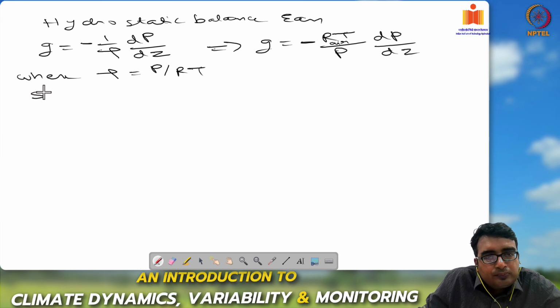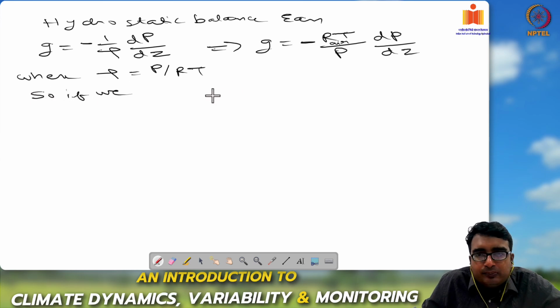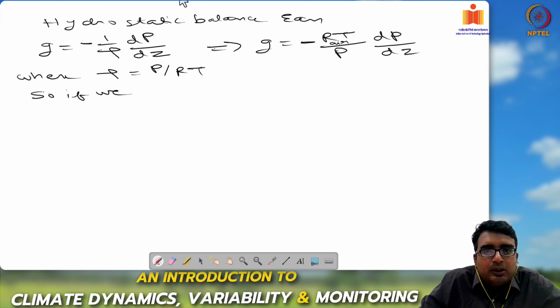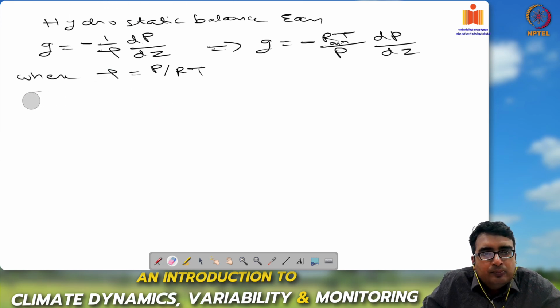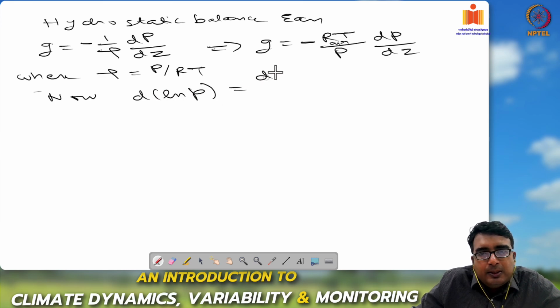Now, d of log P can be written as dP by P, correct?